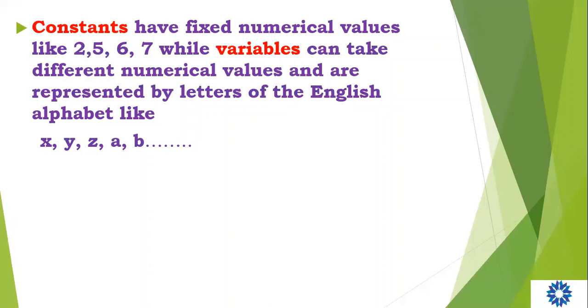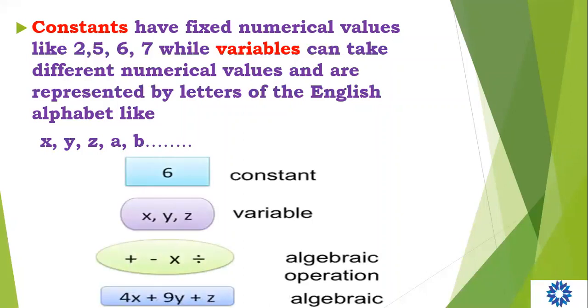Variables are all alphabets like A to Z. Example, constants like 6. Variables x, y, z. Algebraic operations: plus, minus, multiplication, division. So an algebraic expression means 4x plus 9y plus z.